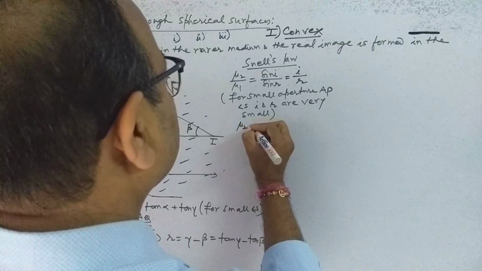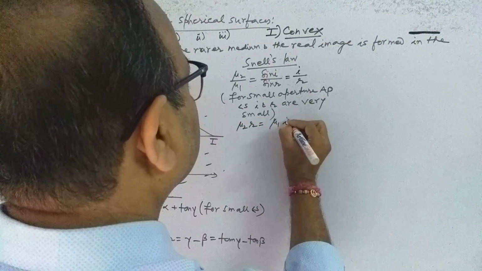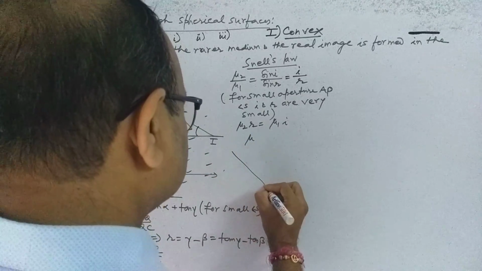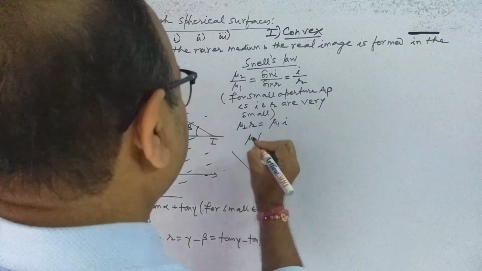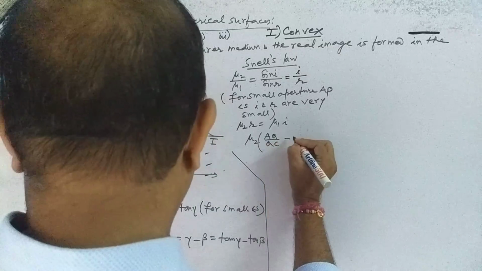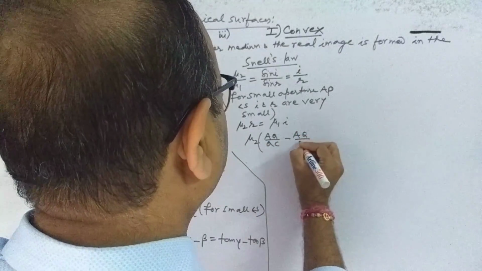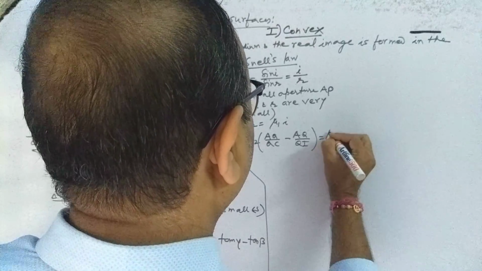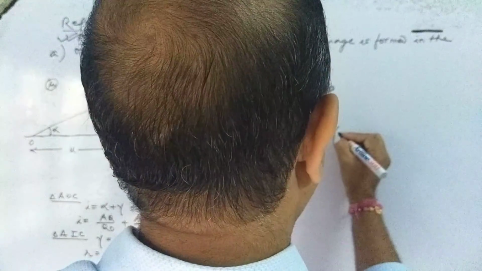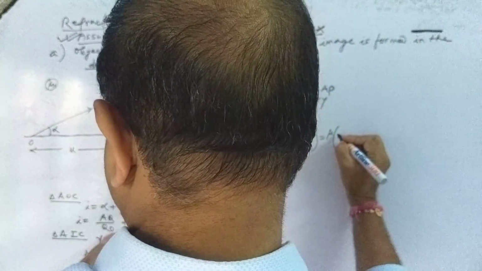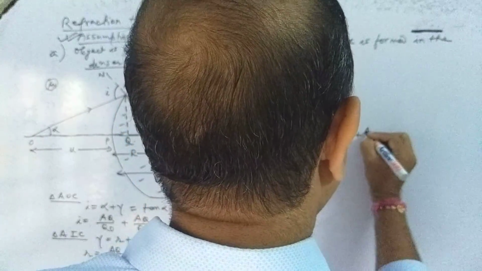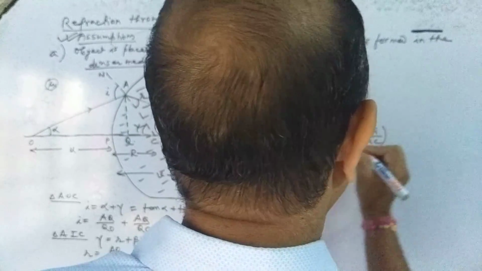Then mu2 into r is equal to mu1 into i. What is mu2? Look. Mu2 into r, in place of r, AQ by QC minus AQ by QI, is equal to mu1 times, in place of i, AQ by QO plus AQ by QC.